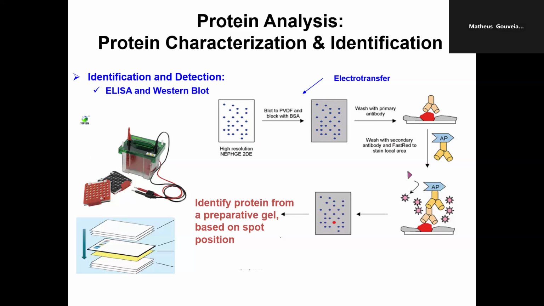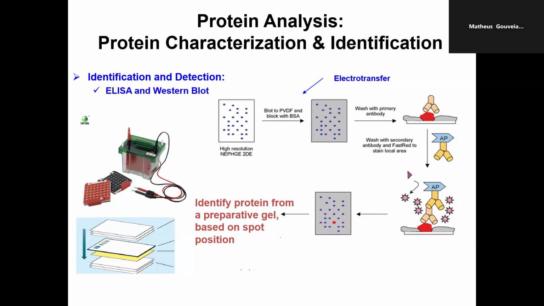So you transfer into a PVDF membrane that is more sturdy. There is a special transfer compartment where you put the gel and the membrane in a sandwich form and run it like you would run an electrophoresis gel, and the protein moves in one direction from the gel to the membrane.